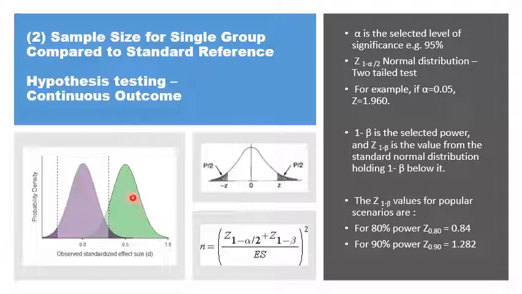So if you have a group which is quite different from the known standard, then you would have a higher effect size. If it is very close to the known standard, then it has a smaller effect size. The distance between the averages of these two groups divided by their combined standard deviation would give you the effect size. So this is the second equation to measure sample sizes.